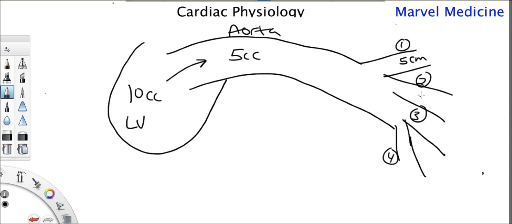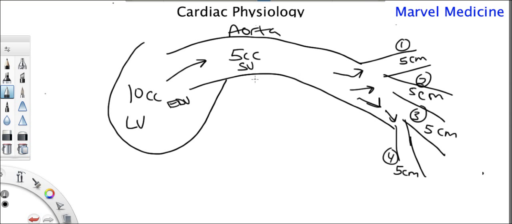Just to be simple here, just to explain and help you understand what I mean by this. This isn't real, like in real life. This is not how it really is. But just to be simple, okay? So I have 10 cc's, which is my end diastolic volume. I send out 5 cc's, which is my stroke volume, and that 5 cc's goes in different directions into the different arteries, right?